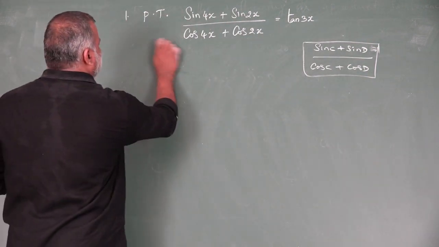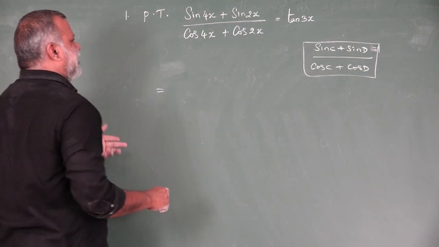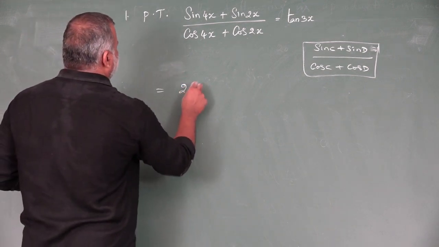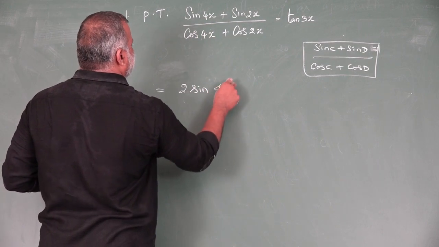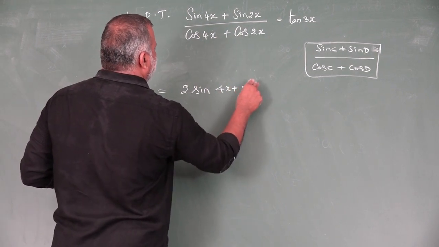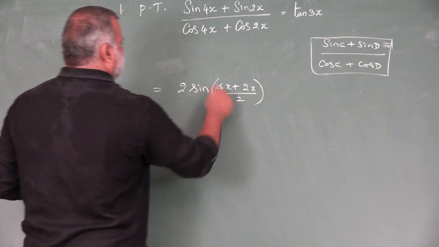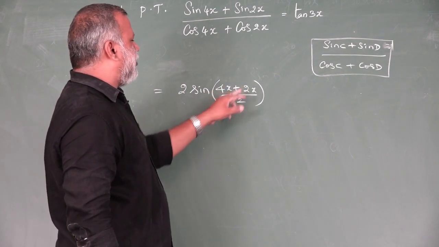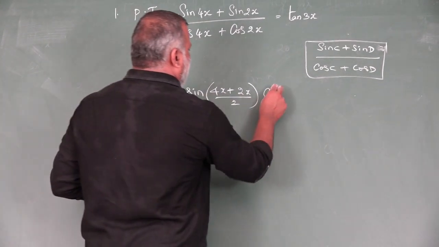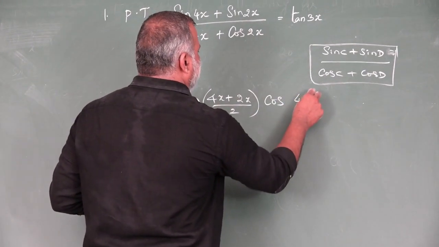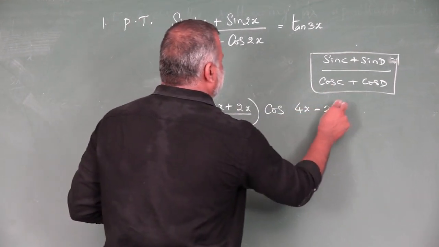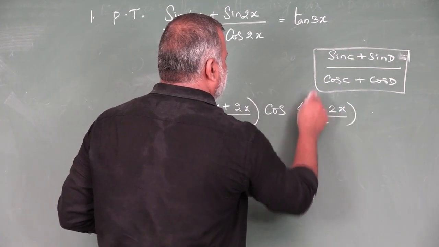What is the result of sin c plus sin d? 2 sin c plus d by 2, where c means 4x, d means 2x. Then cos c minus d by 2, so 4x minus 2x divided by 2.